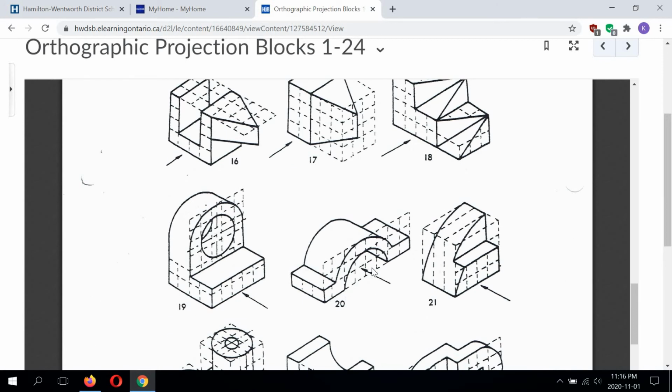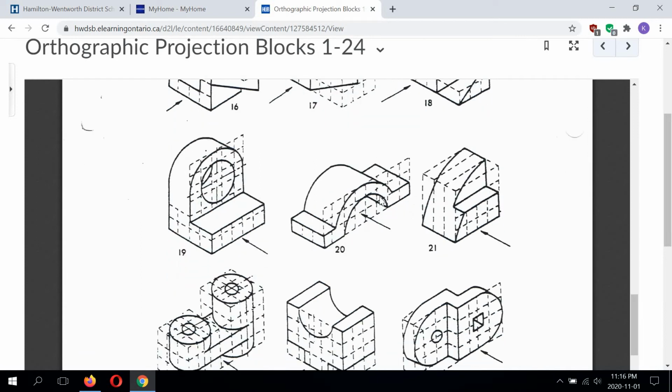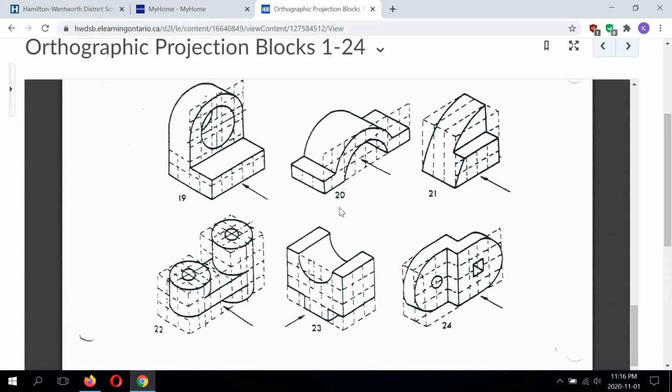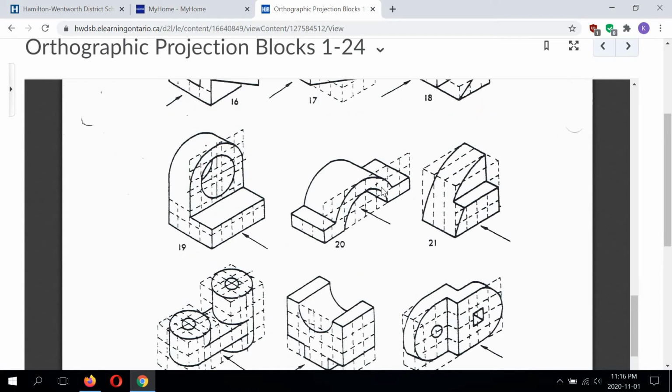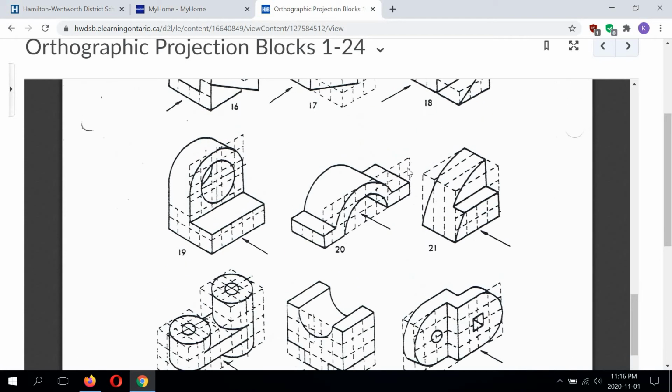But when we get to number 20, and this is the third last one because you're going to do 20, 22, and 24. This one here has some phantom grid spaces in front of it, right? So you're not going to be drawing these phantom grid spaces that are sticking to the front view, but this is to help show you that this flange on the left and this flange on the right are not symmetrical, right?